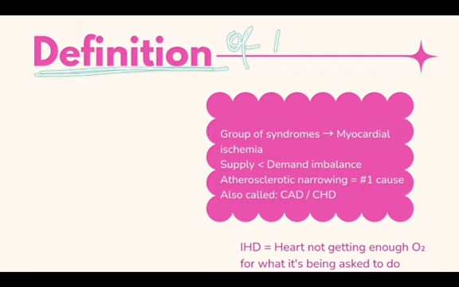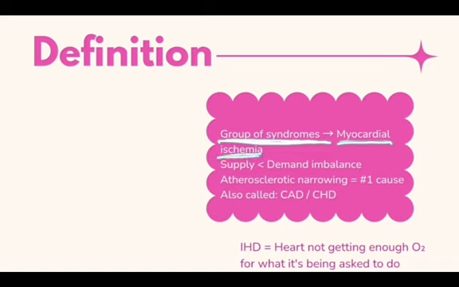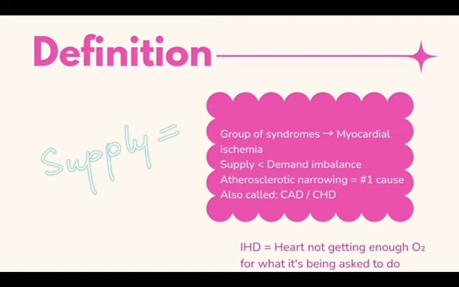What is ISD? ISD is a spectrum of syndromes that leads to myocardial ischemia, and it happens when demand surpasses the supply. In a normal cardiac tissue, the supply must equal the demand. But when the demand is more than the supply, there is an imbalance, and it leads to ischemic heart disease.